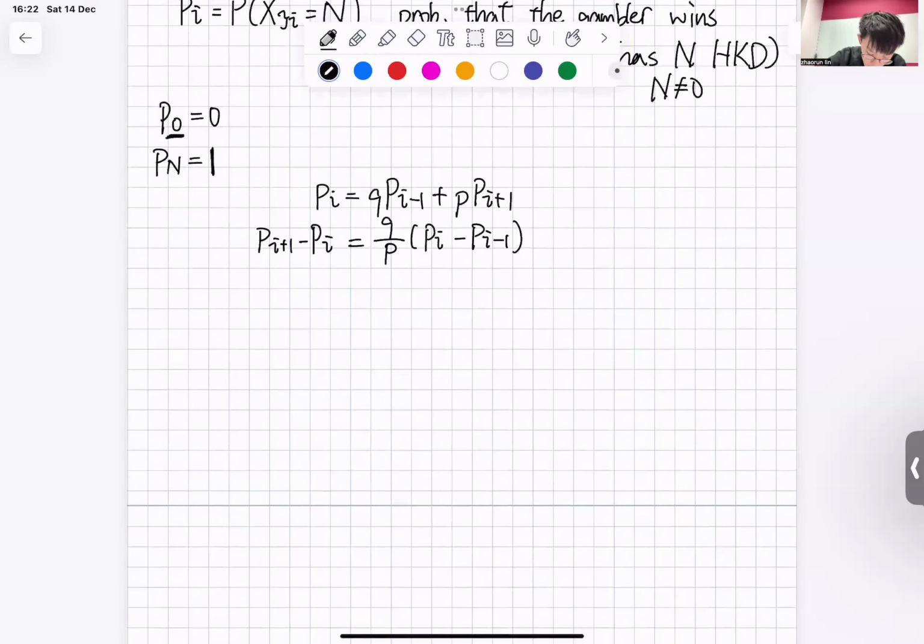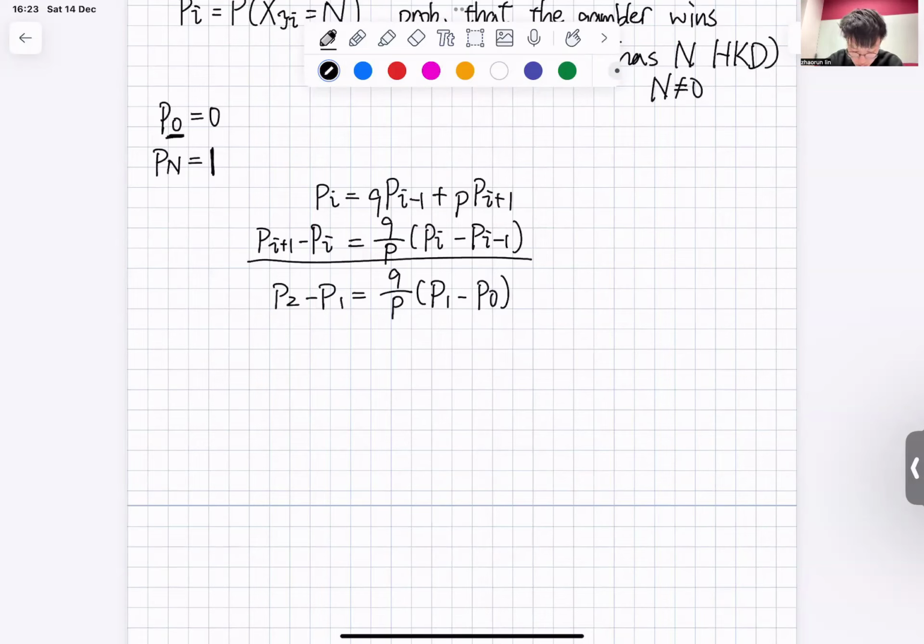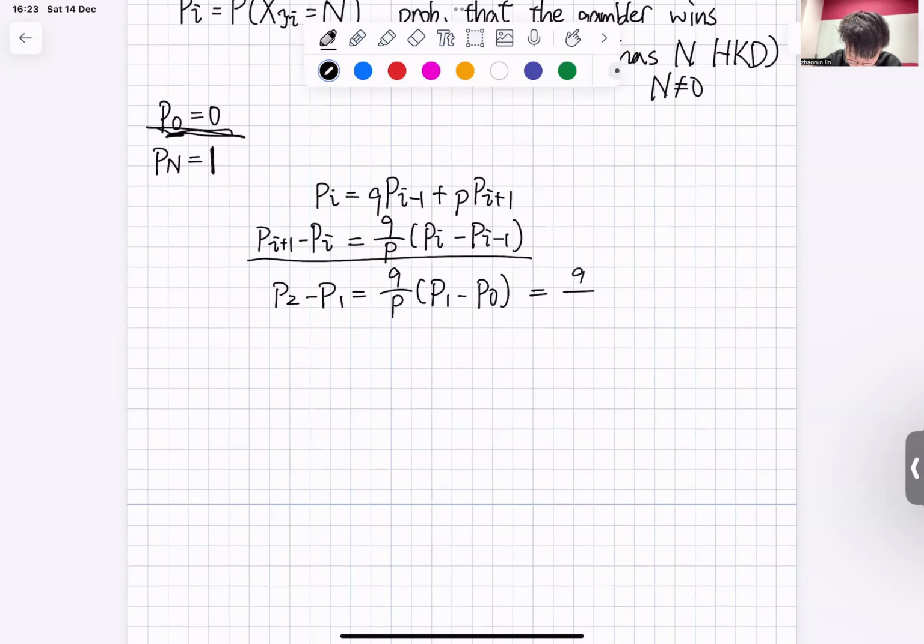Okay, so by this relation, we have P2 minus P1 equals to this, times P1 minus P0. And since P0 is 0 here, it's just P1.